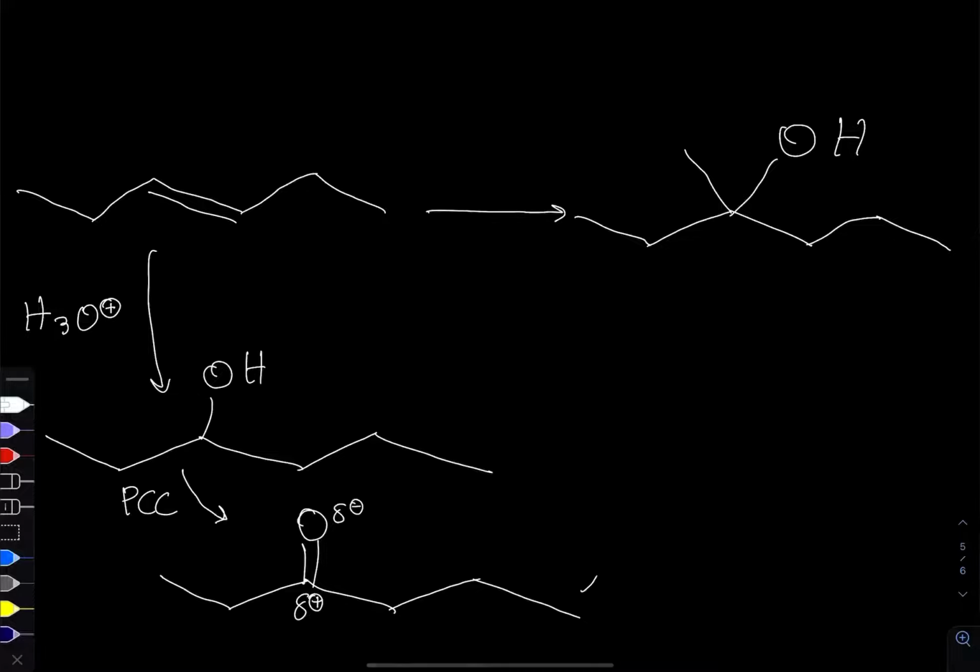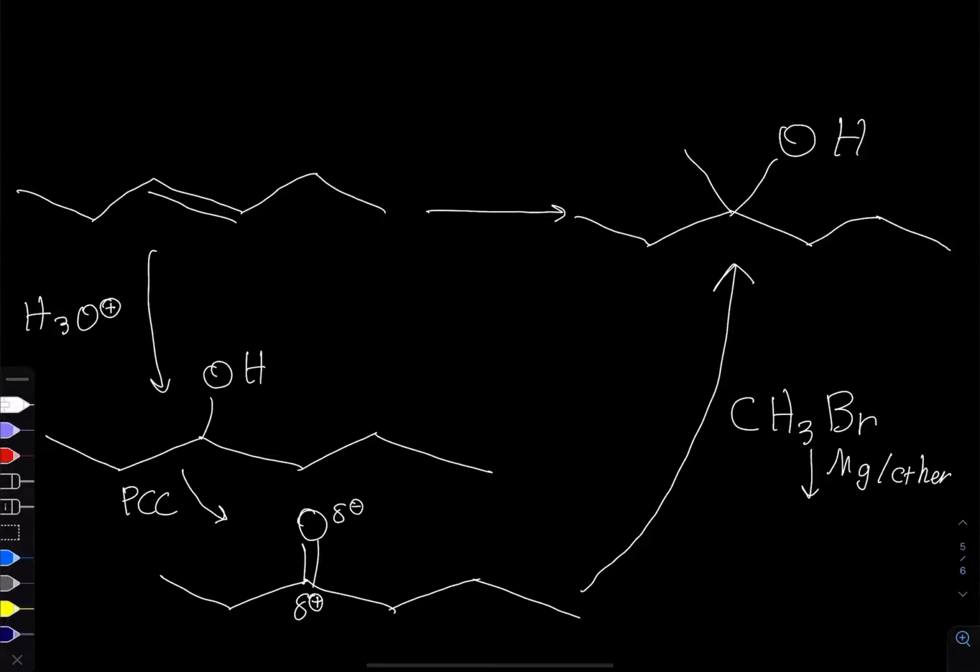So then, to go from this molecule to the desired product, we need to use Grignard's reagent, which looks like this. This would be a 1 carbon with a bromine on it, and then you add magnesium and ether to it, and what you would get is a molecule that looks like this.